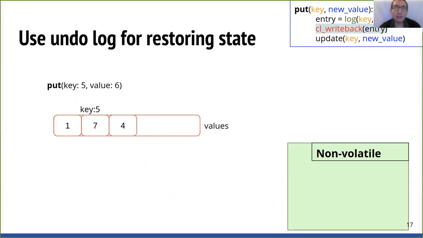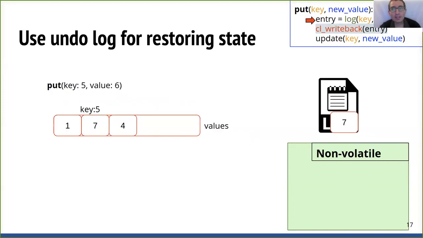I will use the values array of a B+ tree node, which fits a single cache line. The application has to log the old value and then later modify the data structure. In the example, the application generates a log entry with value 7. After creating the log, it is necessary to write back the dirty cache lines of the log for crash consistency.